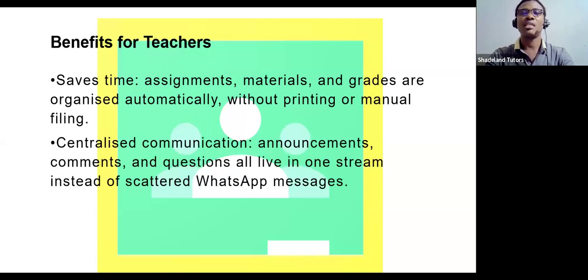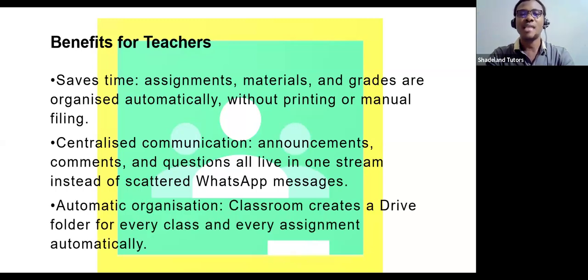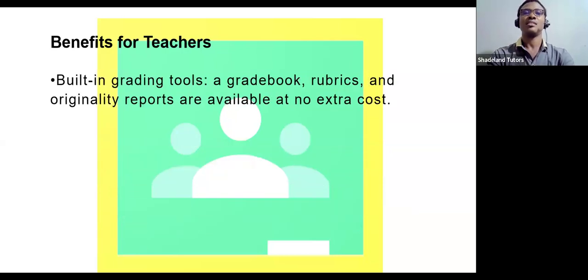Secondly, centralized communication. Announcements, comments, and questions all live in one stream. So no student will say that he or she didn't hear what the teacher said or misunderstood what the teacher said. They can always go back to their class and see the announcements as they are. Then automatic organization. Classroom creates a Drive folder for every class and every assignment automatically, as we are going to see today.